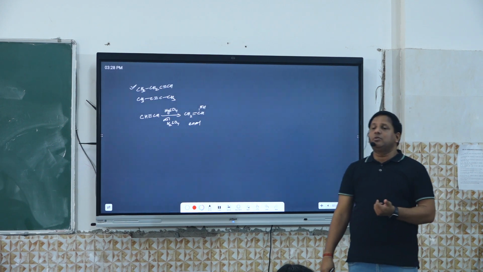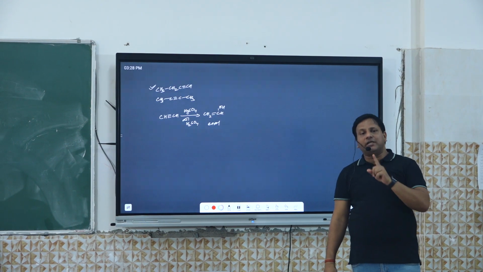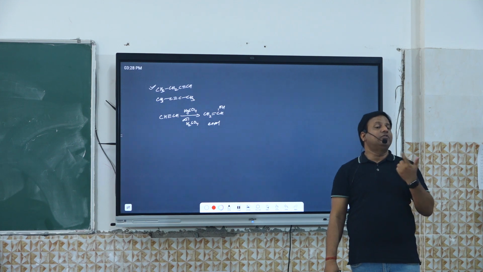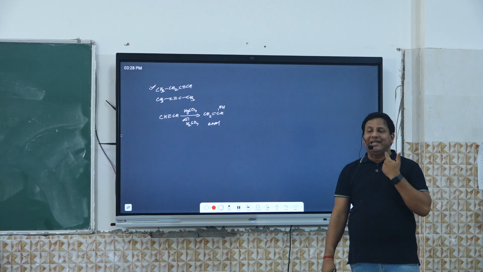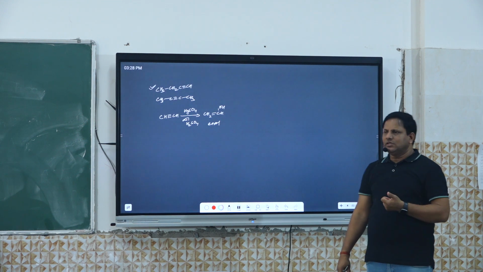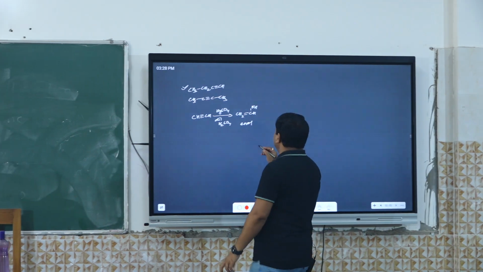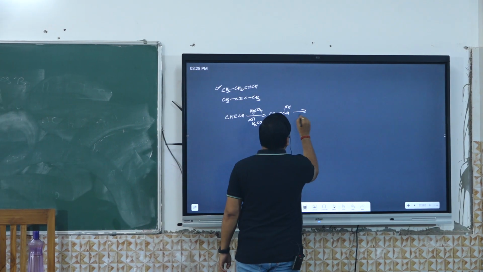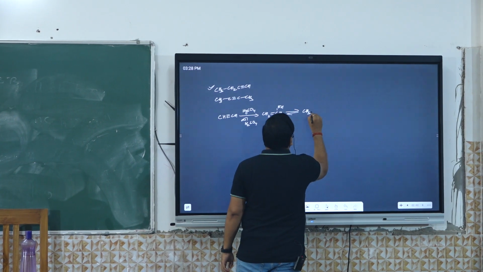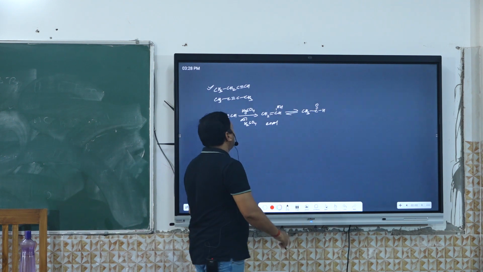Enol can be more stable under two conditions. First, if the enol is aromatic in nature. Second, if the enol can be stabilized by intramolecular hydrogen bonding. I will dictate a lecture on that to you later. Questions come from these two points. So enol undergoes tautomerization to form aldehyde or ketone.